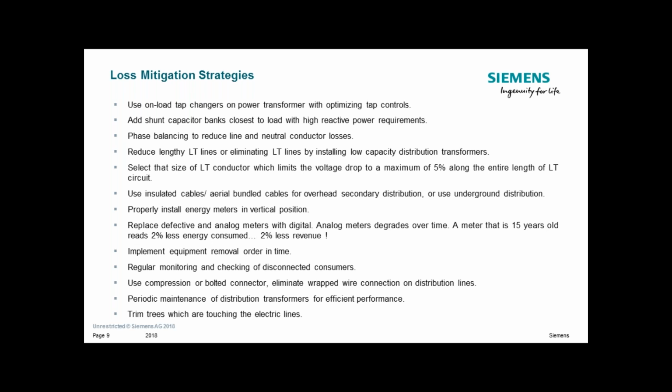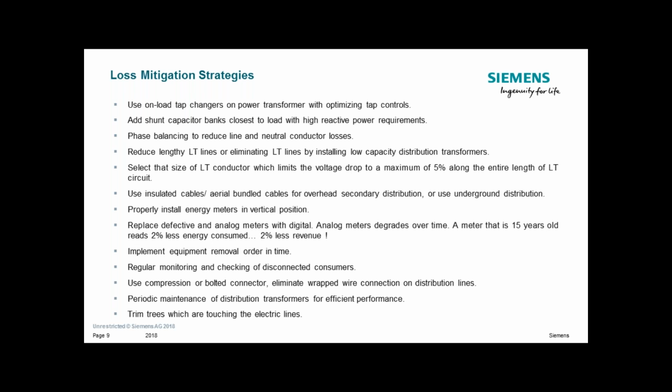Then you can also minimize the long low voltage distribution line by installing a low capacity distribution transformer, because in some utilities in Latin America, they have a dedicated low capacity transformer for each consumer.